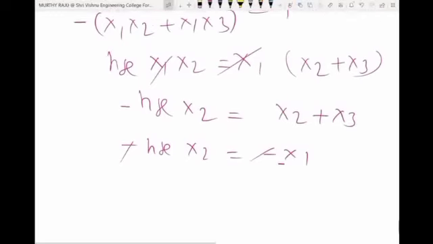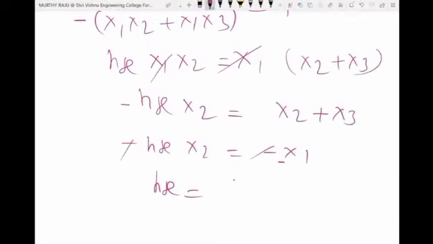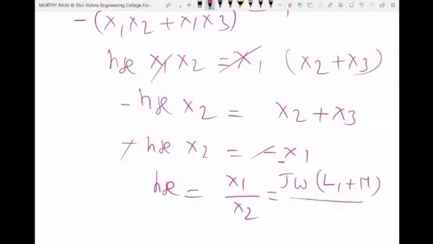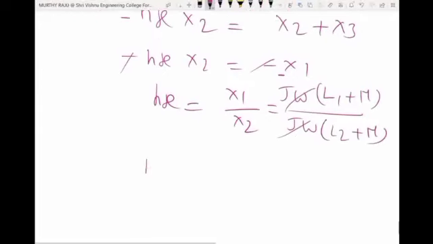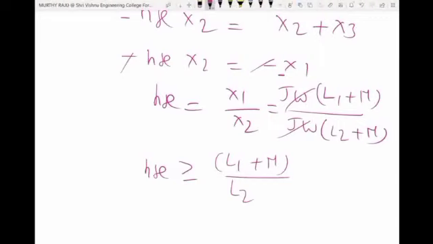Finally, h of e is equal to x1 by x2. X1 is j omega L1 plus M. X2 is j omega L2 plus M. Therefore, the h of e of the transistor is greater than or equal to L1 plus M by L2 plus M.